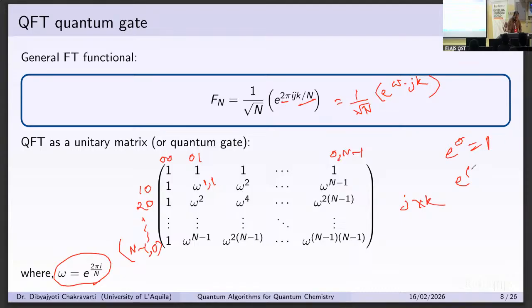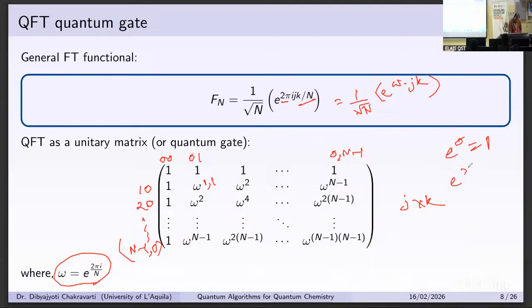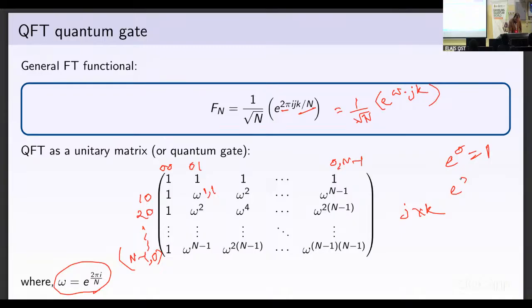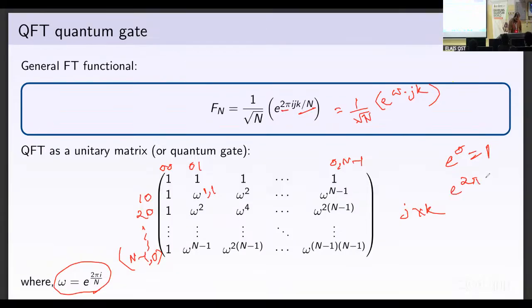So it becomes exponential of 2 pi i by n into 1 into 1, which is basically equal to omega.